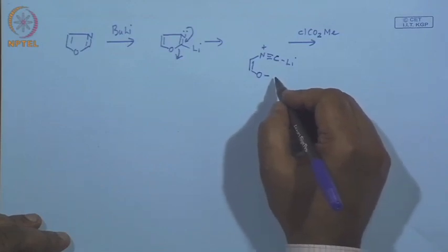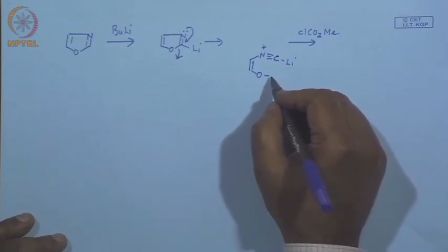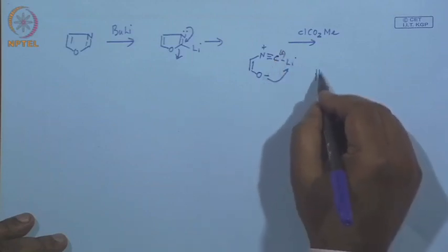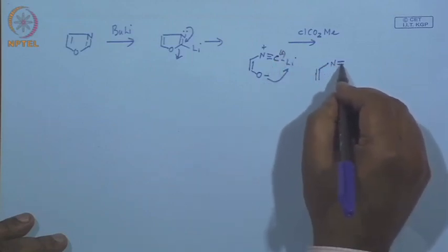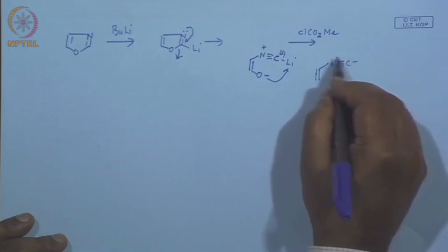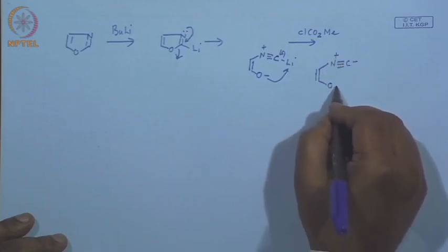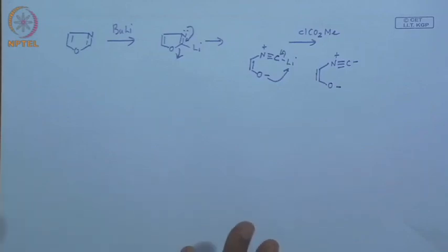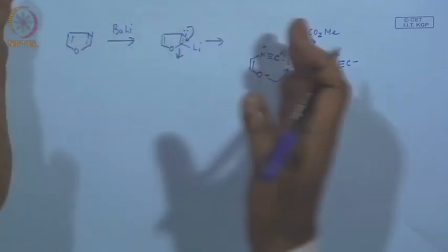And obviously, what you get is then, what is it? Just an isocyanate. In a nutshell, a situation arises when the lithiation takes place in the isoxazole, and isoxazoles have a tendency to undergo ring opening. That is what you have to keep in mind.